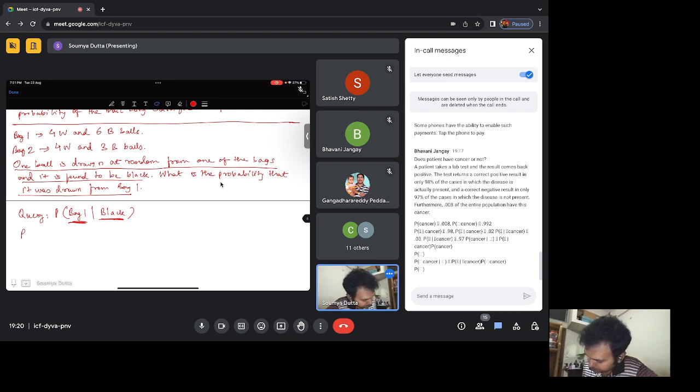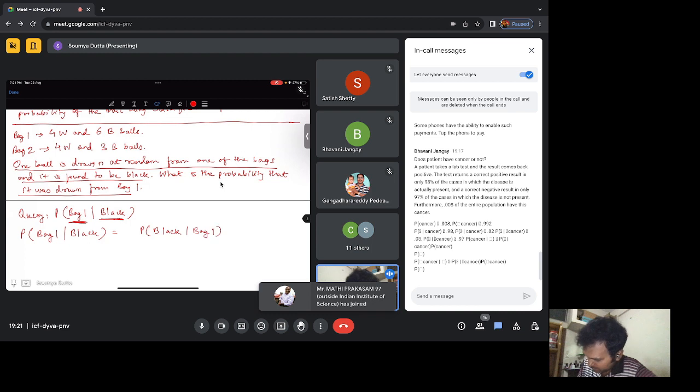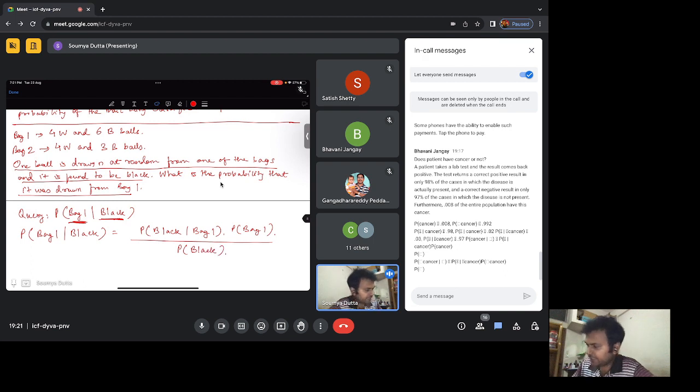And if you have the Bayes rule here, what will it do? It will say, this is what I have to find. So if you write P of black given bag 1 into P of bag 1 divided by P of black. Is this correct?